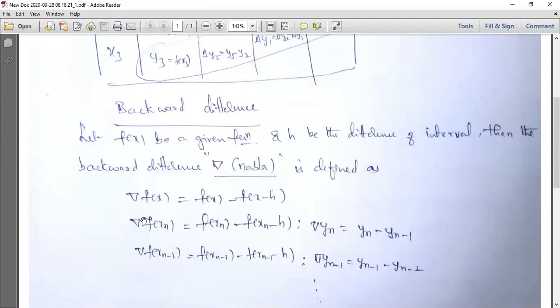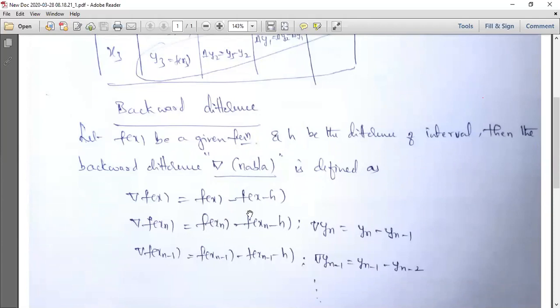We have to understand the difference between forward and backward. For the backward difference, nabla f of xn is equal to f of xn minus f of xn minus h; we are just subtracting h values only for the backward value.